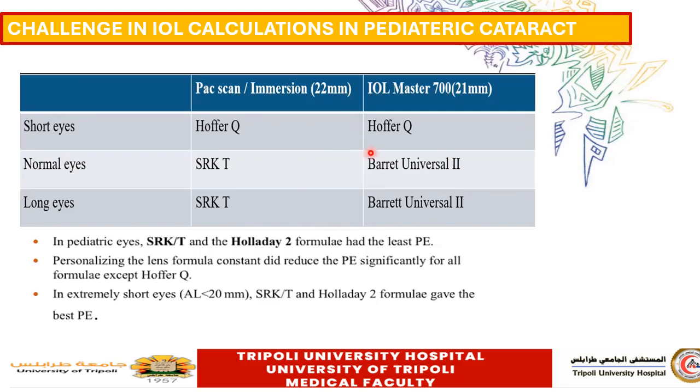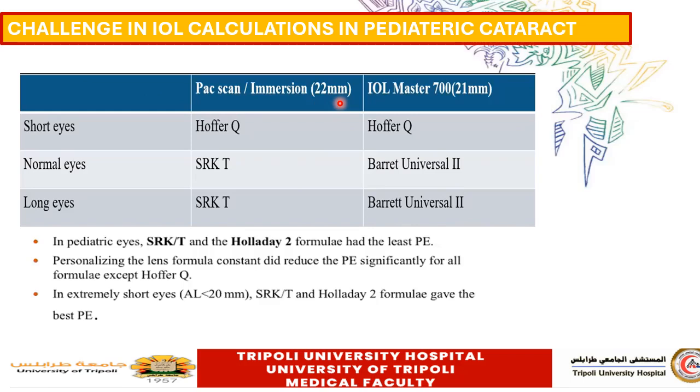But of course, all of us know that optical biometry has a high degree of prediction and accuracy as compared to ultrasound biometry. However, sometimes the IOL Master is not available in many hospitals, and it is also difficult to use during general anesthesia because you sometimes need to measure the axial length under anesthesia. So the choice of ultrasound is there.